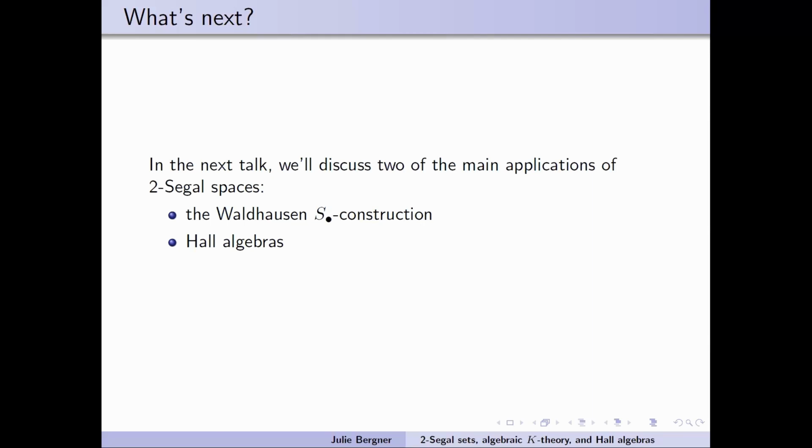As I mentioned earlier, we had these 2 founders of the subject, and both of these applications seem in some sense fundamental, because both sets of authors stumbled upon them and recognized them as fundamental to the theory. So even though I'm a little bit early, I think I will stop here and take questions.